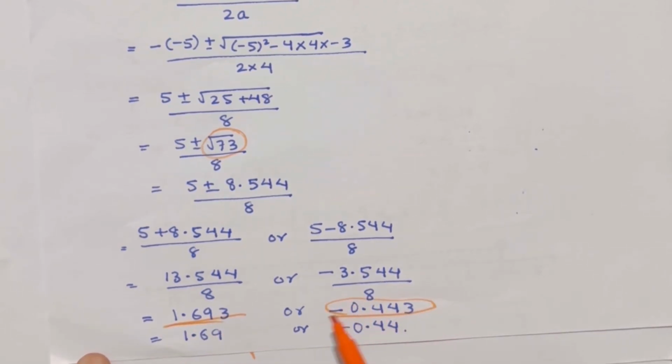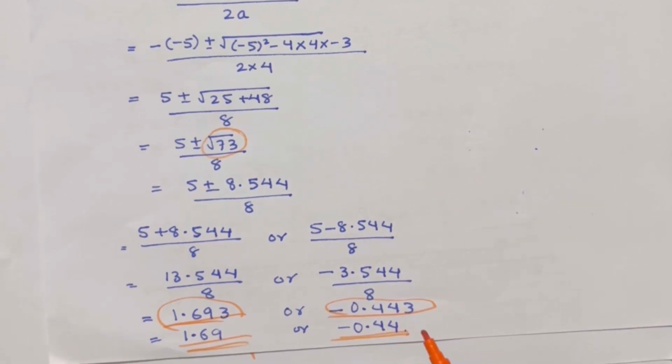After getting the answer in this form, only then will you round off this number to your final answer, that is correct to 2 decimal places. You are not supposed to round the answer before you get the final answer. Only after getting the final answer do you round off your answer to the required number of decimal places.